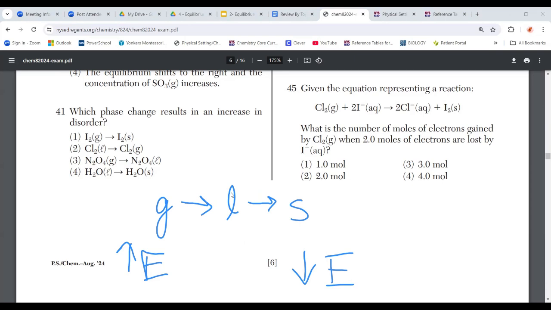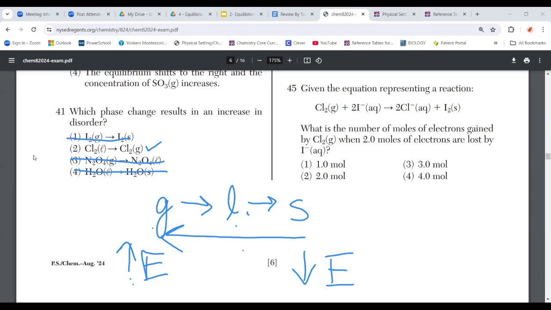So if I'm thinking about increasing disorder, I want to kind of draw my diagram to help me. So this way is increasing disorder, right? So if I'm going from a liquid to a gas, yes, I'm increasing my disorder. So check that one. Do I want to check the other ones? Let's just be careful, right? Gas to liquid, no, I'm decreasing my disorder. Liquid to solid, oh, absolutely not. That's it. It's that one.